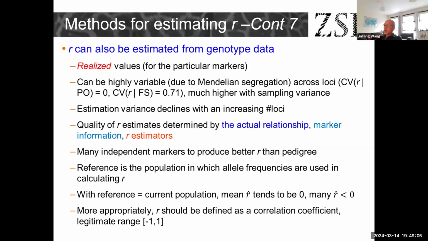When they are negative, they are taken as 0. I would say this is not suggested, because this would result in a bias in the estimates, and also these negative values do have meanings in the correlation definition of relatedness. They mean they are less related than average.